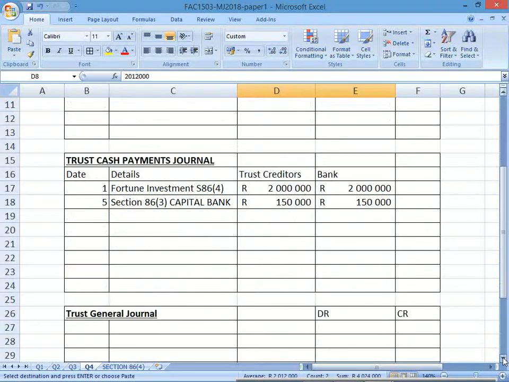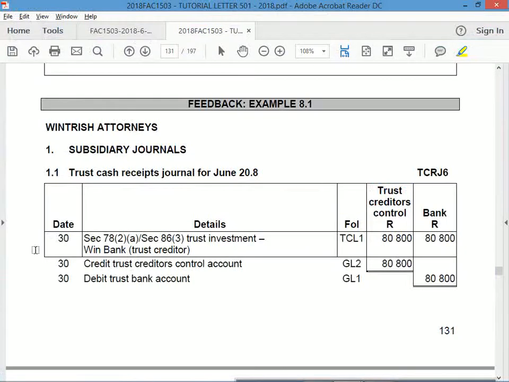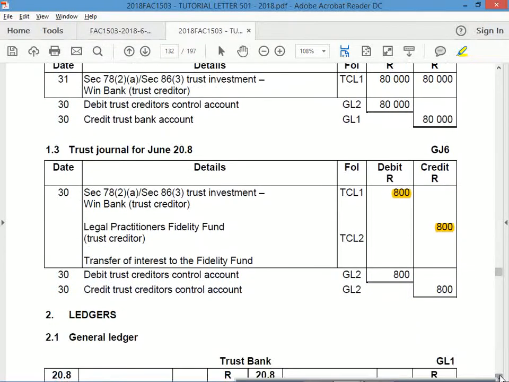And then we need to show the amount that gets paid out, so your trust bank account would decrease because a portion would be paid over to the Fidelity Fund. Okay, so debit the Fidelity Fund account, because that would be decreasing, and then you would credit the creditor.